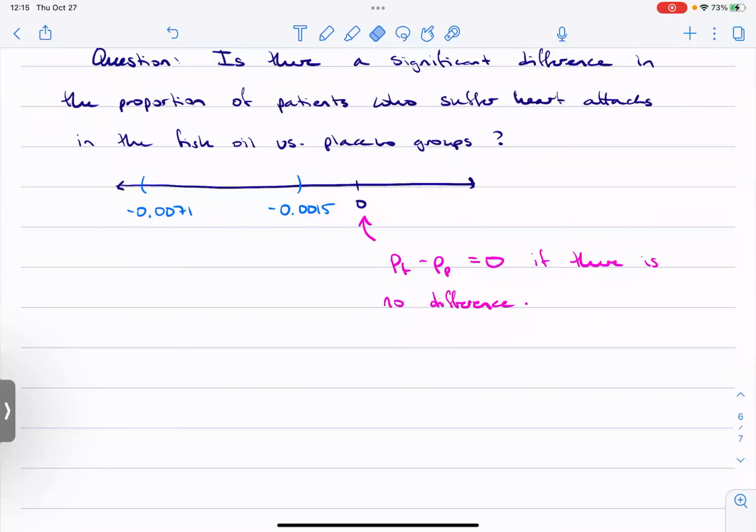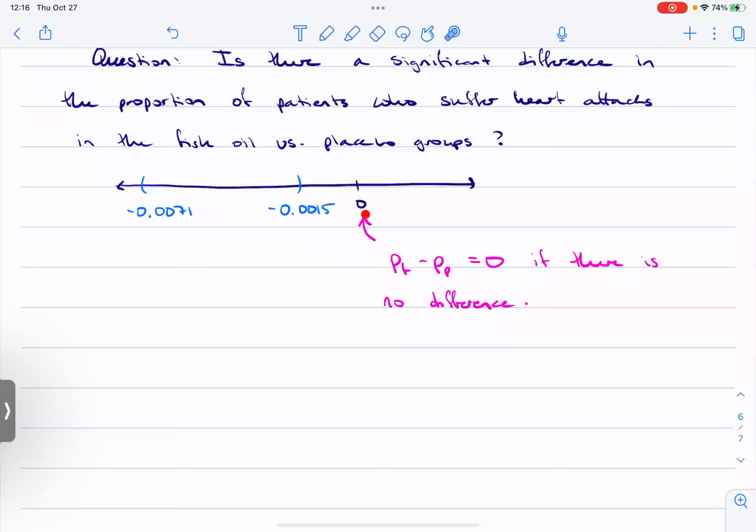Now, how we can look at this is, okay, I'm 95% confident that 0 is not in this interval. So there's a 5% chance that I'm wrong, which is the same as the alpha level. So they meet again. Either I'm 95% confident I've captured the population difference, or there's a 5% chance that I'm wrong, same idea.